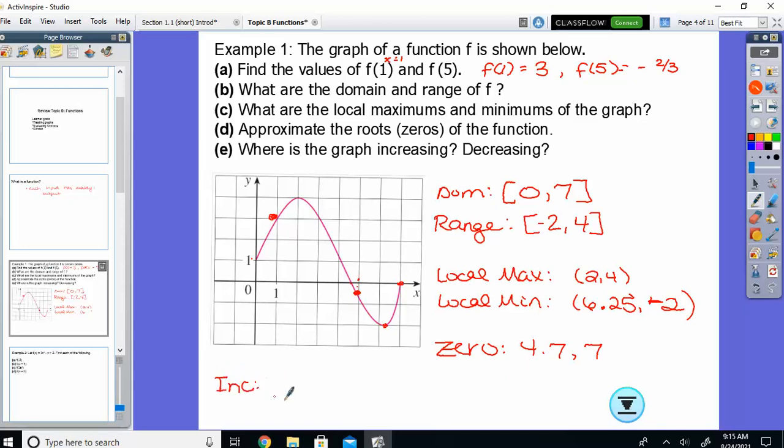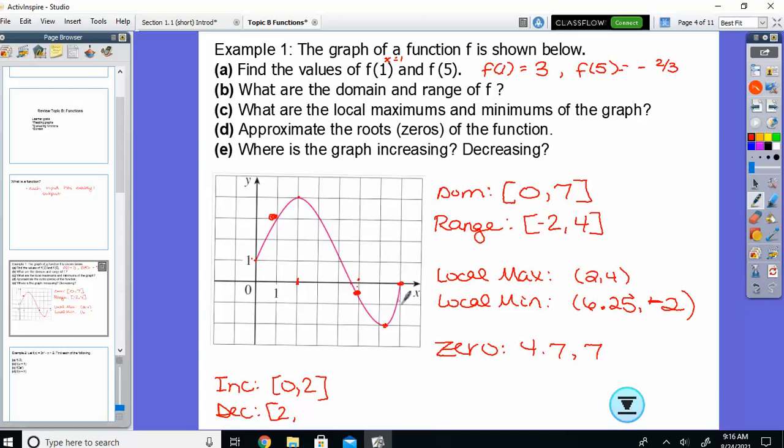Where is the graph increasing or decreasing? Remember for these we gave intervals. This graph is increasing, so it's rising, starting when x is 0 until x is 2. And then what happens after 2?